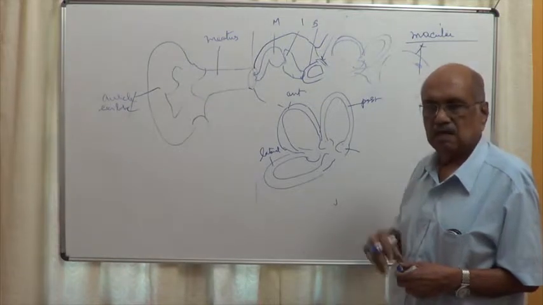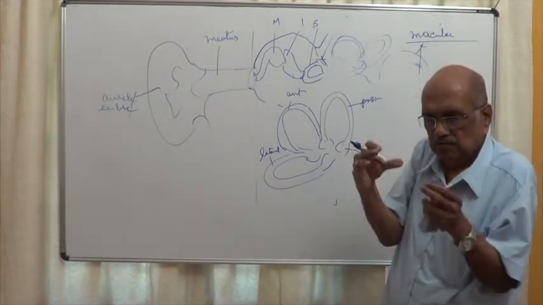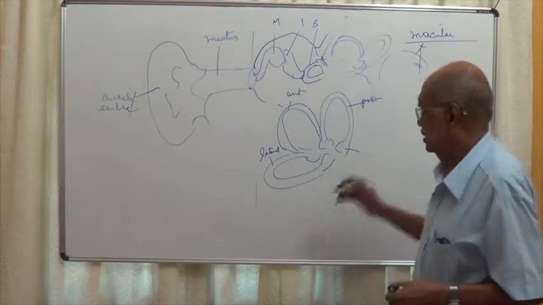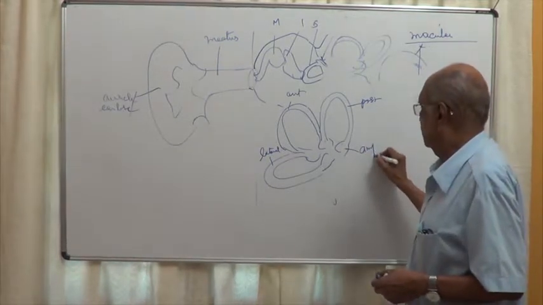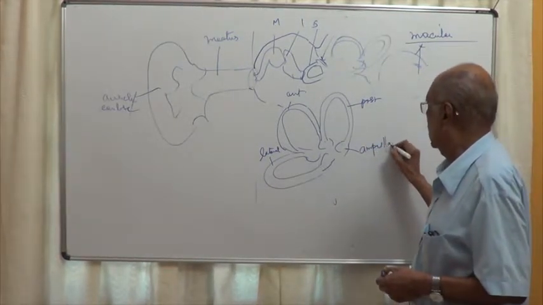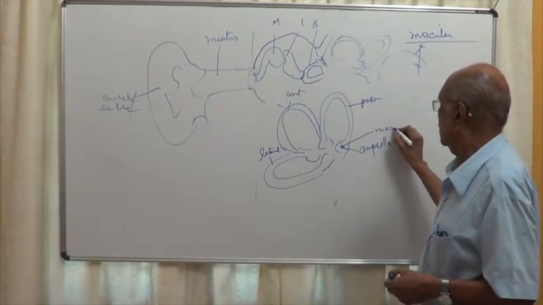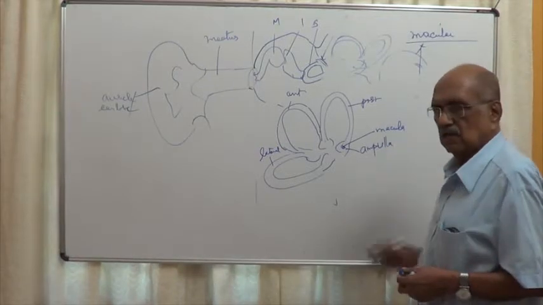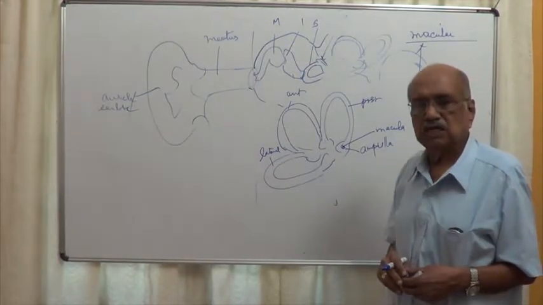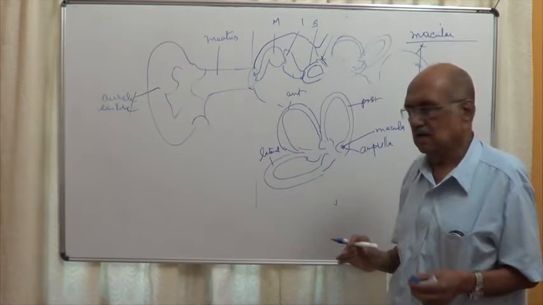Semicircular canals have ends wherein you find they are enlarged. The enlarged end of each is called an ampulla. This is the place where what is found? Macula. Macula is the sense organ associated with equilibrium and acceleration.